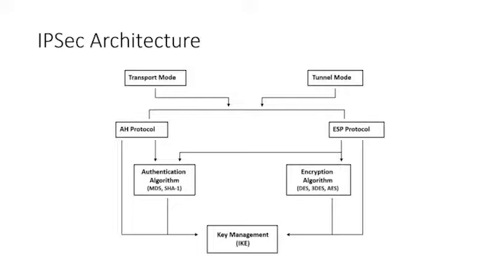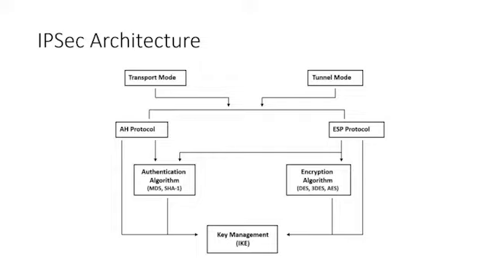Now, here is the IPsec architecture of how it behaves. You can see we have transport mode and tunnel mode up there at the top. Depending on if we use the AH protocol or the ESP protocol depends on the type of algorithms that we're going to use. So AH, the authentication header, is going to use that authentication algorithm and then go down to the key management.